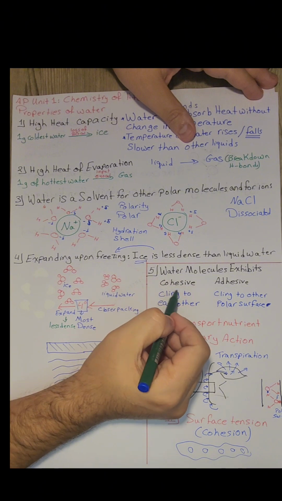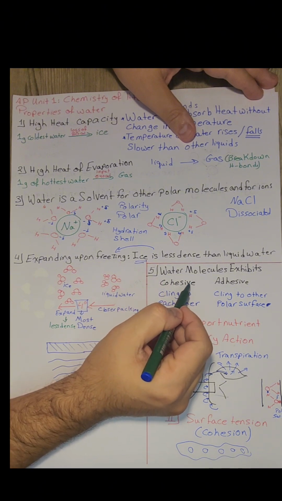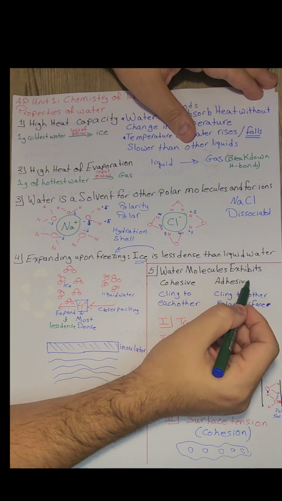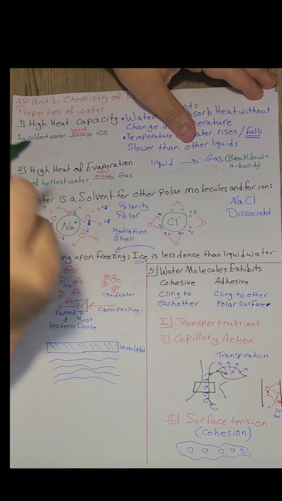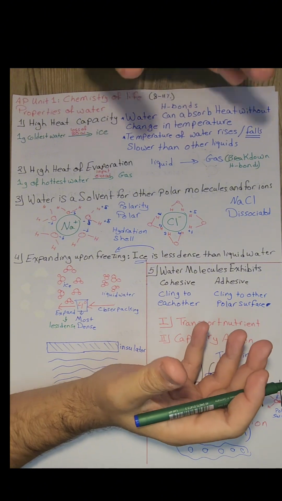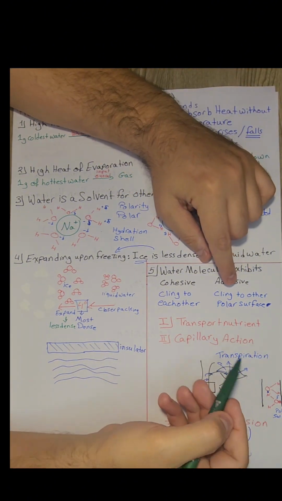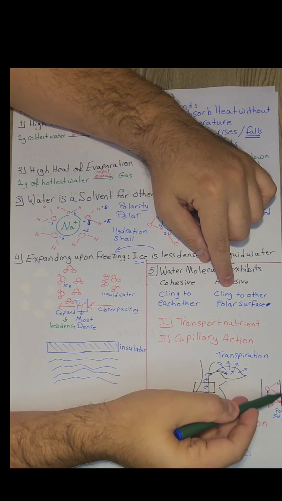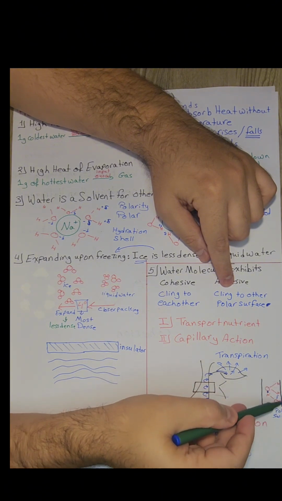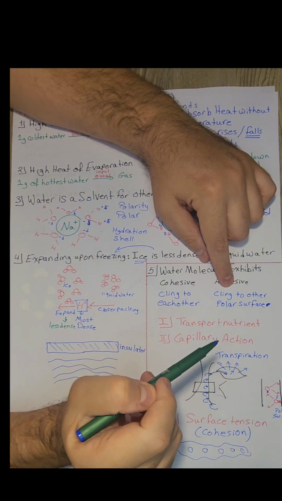But water doesn't only exhibit cohesive behavior, it also exhibits adhesive behavior, which is the clinging of water to other polar surfaces. So if there is a polar surface, water can cling to it.